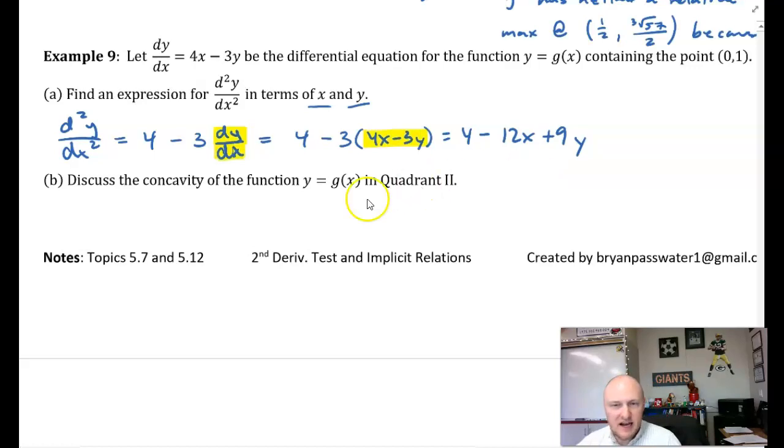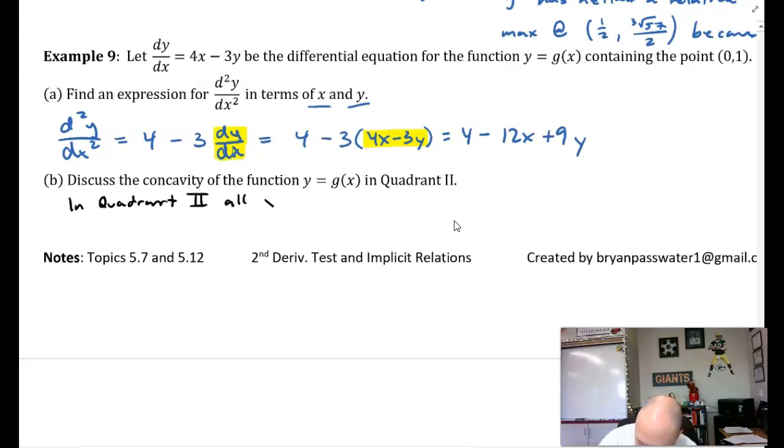Okay, and then they say discuss the concavity of the function y equals g of x in quadrant 2. So it's important to note in quadrant 2, all x values are less than 0.